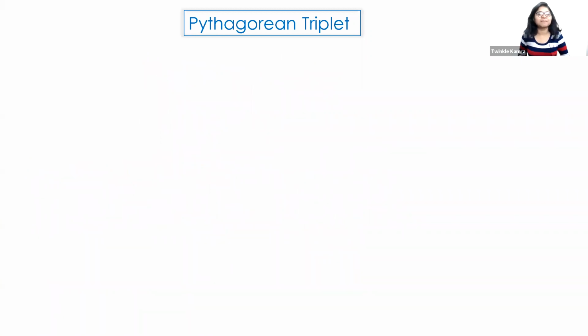Okay, one more example. Let's take an odd number. How about if I have 5? How to make a triplet for 5? What do you do here? It's so simple. You add 1, you square it, and then you divide by 2. All right?